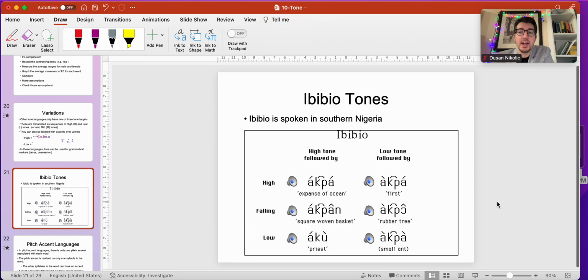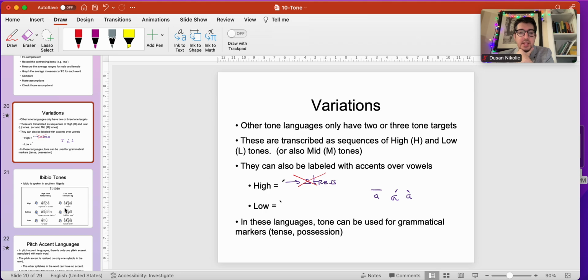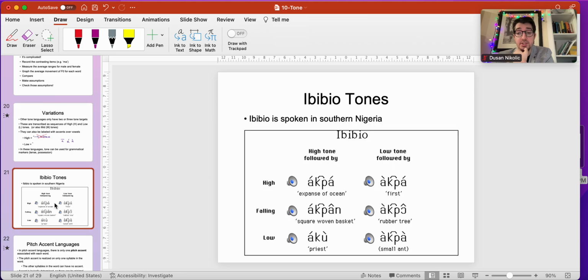Oh, I think in a language called Edo, also an African language, there are tones that denote certain grammatical structures, such as tense or possession, such as plurality, for example. When you want to say two horses, let's say, you would say ma and ma. This is not the case in Mandarin, but in other languages, right?